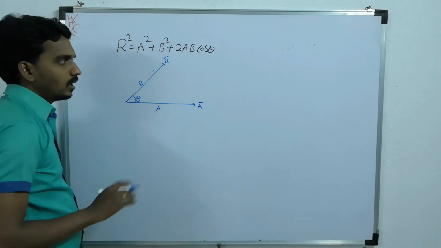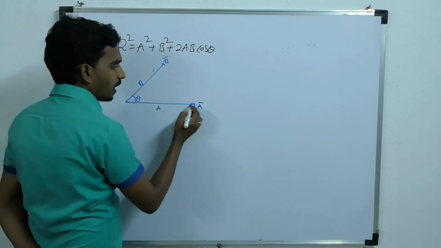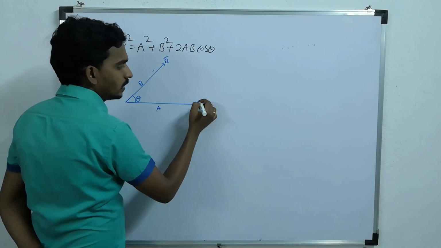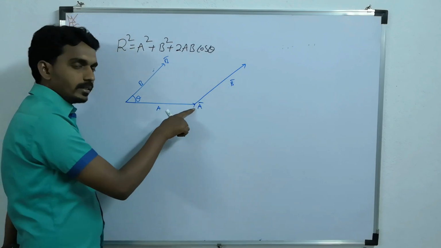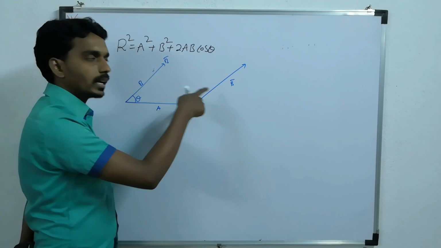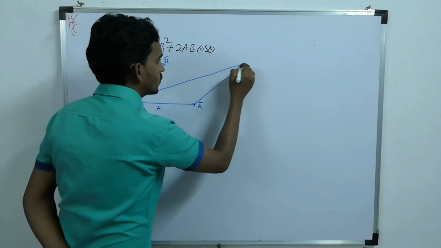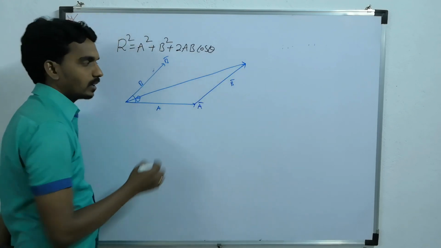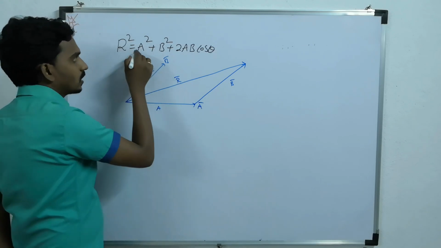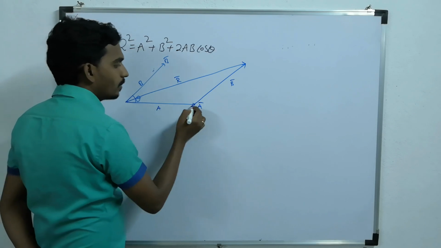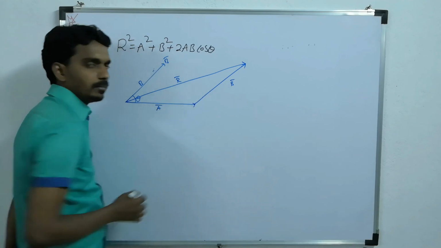Then if you apply the triangular law of vector addition, what you will do? A bar, then from the end you will draw B bar. From the end of the first vector you will start the second vector. Then you join the starting point of the first vector and the ending point of the second vector. That will become R bar, the resultant of A bar and B bar.